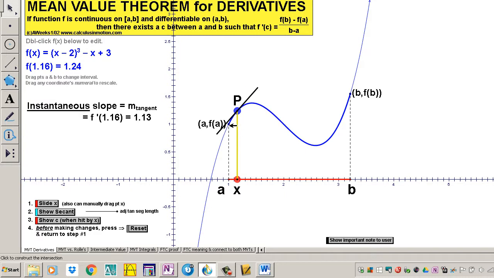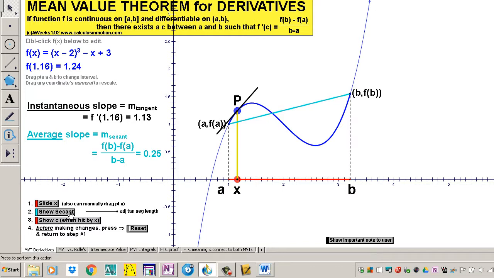If I connect the endpoints A to B, I have what is called the secant line, or the average slope, the average rate of change, my secant. Now, how many instances do you guys think the derivative is equal to the average? In other words, how many instances is the tangent line of this curve equal to the secant?